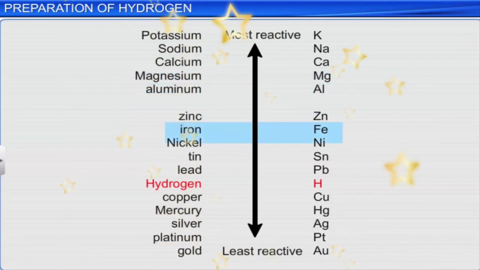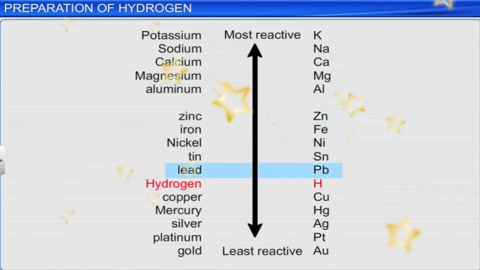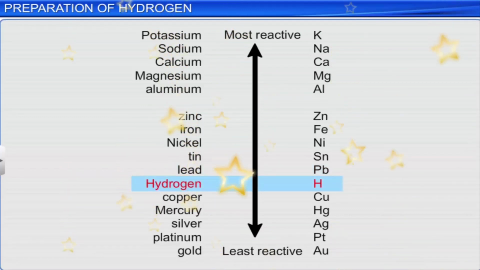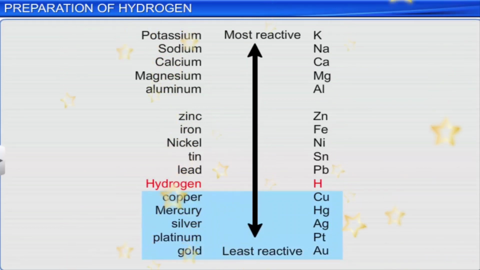Iron, nickel, and tin displace hydrogen from acids gently. Lead displaces hydrogen from only hot concentrated acids. The position of hydrogen in the activity series comes after lead. Copper, mercury, silver, platinum, and gold do not displace hydrogen from acids at all.